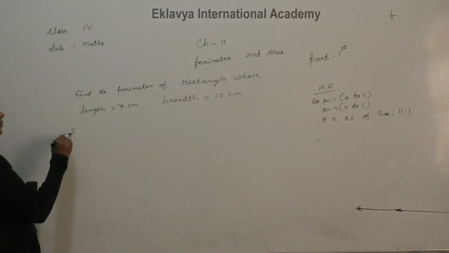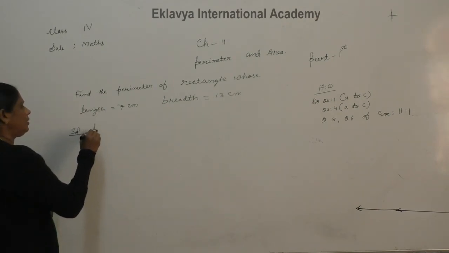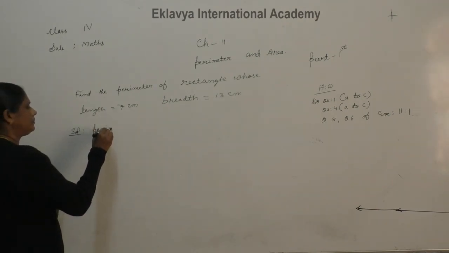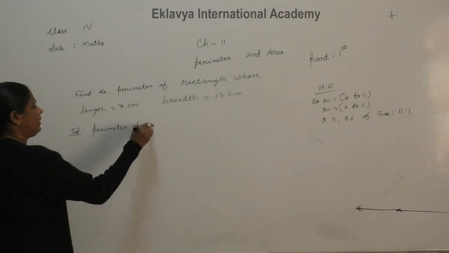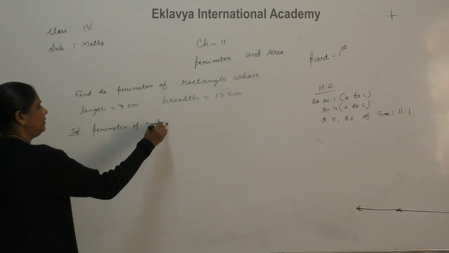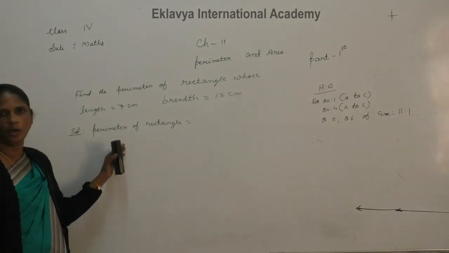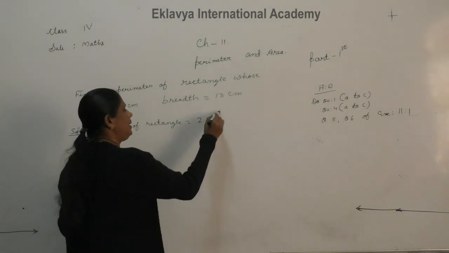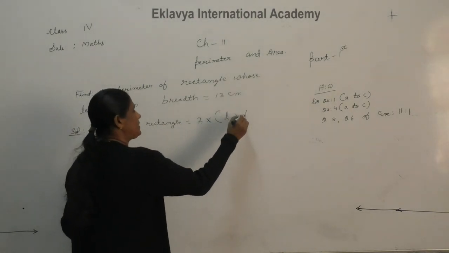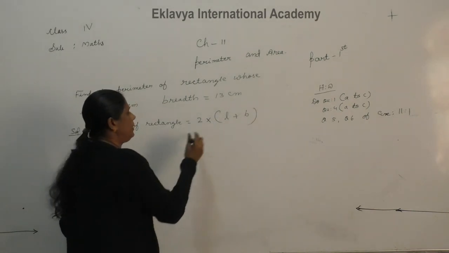First you write the formula. Perimeter of rectangle is equal to 2 multiply L plus B. L means length, B means breadth.